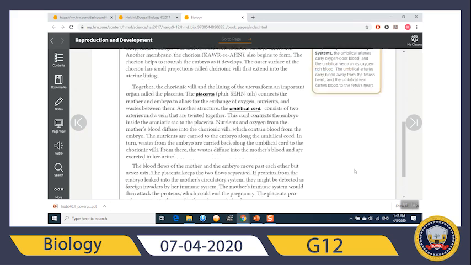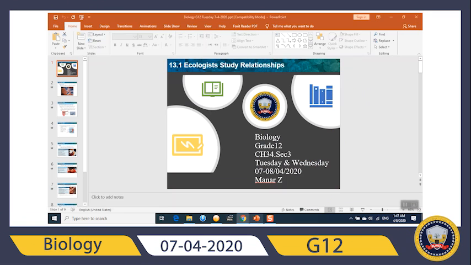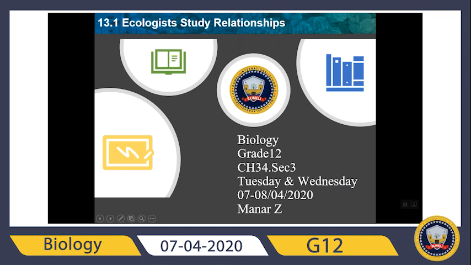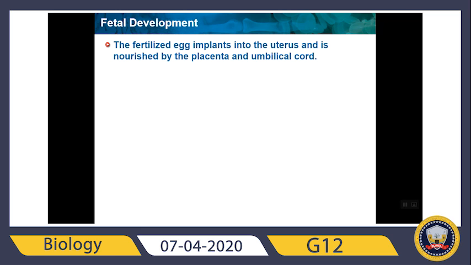Okay, these are the membranes that form and protect the embryo. Let's recap on that. The zygote becomes a blastocyst and implants in the uterus.